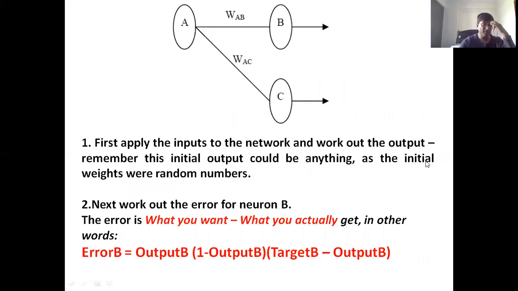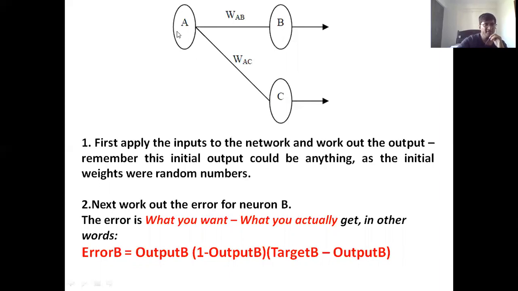So how it looks like: in order to get the error at this neuron A, I have to take the term output at A multiplied by 1 minus the output at A. That term would always be there.